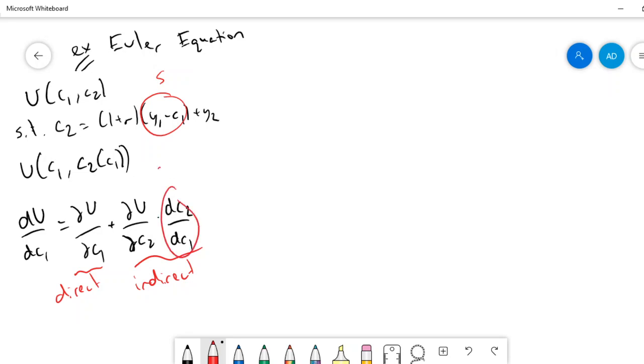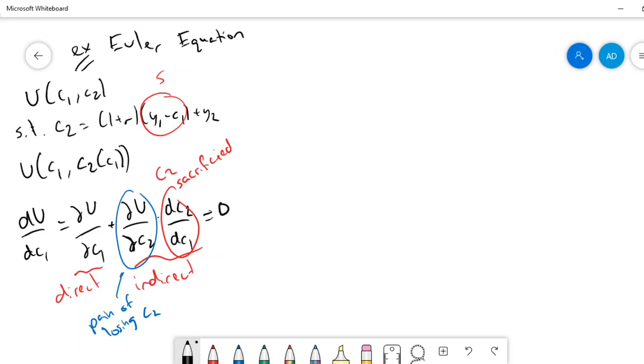This is my C2 sacrificed to get that C1, and then this is the pain of losing C2. So hopefully that makes some economic intuition. And then because we're maximizing, we're always going to be setting that equal to 0, and so I always get an Euler equation of the exact same functional form.